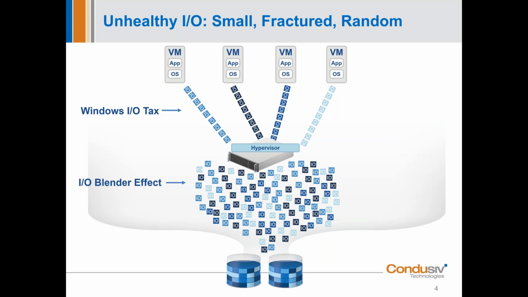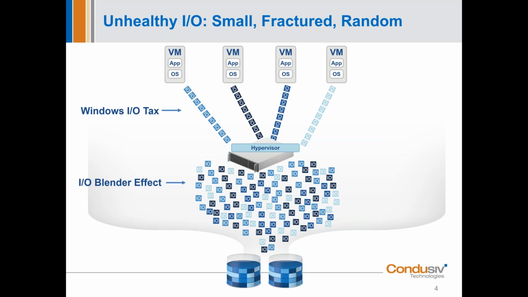And like split pages in SQL, each I/O takes a measurable amount of time and resource to process. So in the real world, a gigabyte of storage I/O traffic that should be written in, let's say, 2,000 or 3,000 I/Os could now be taking 30,000 or 40,000 I/Os to complete. And we call the performance penalty that these split I/O situations cause the Windows I/O tax, as in a tax on your performance due to split I/Os.